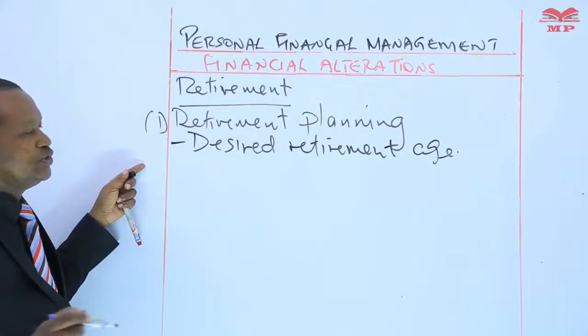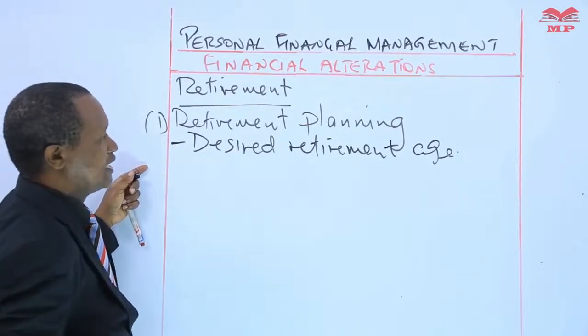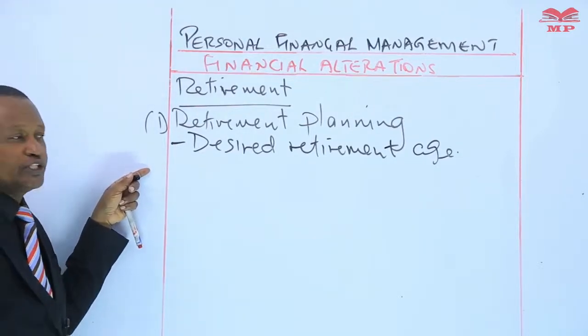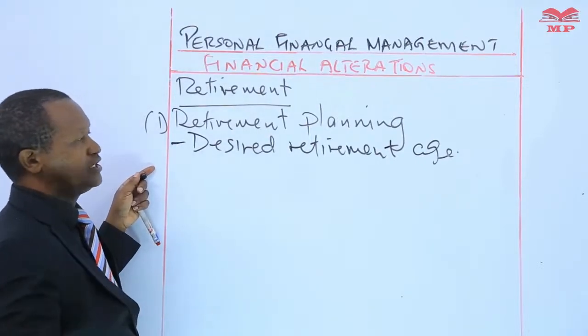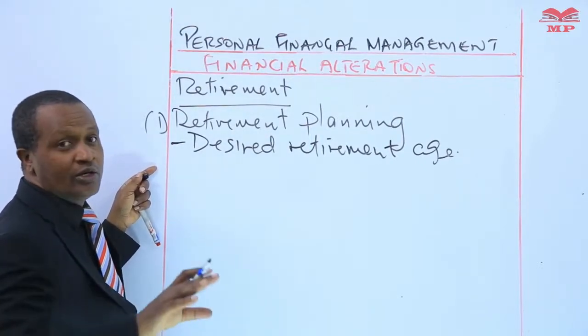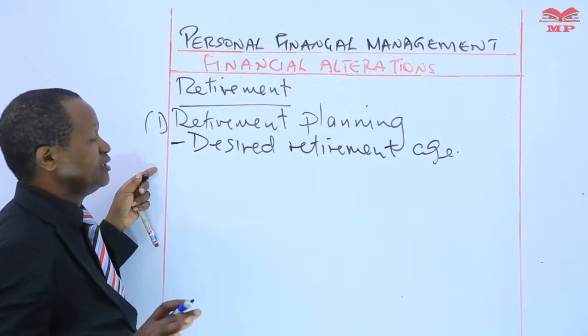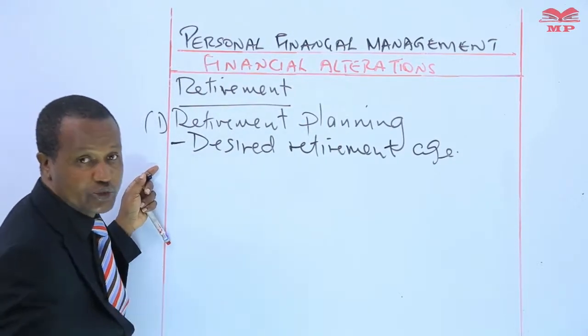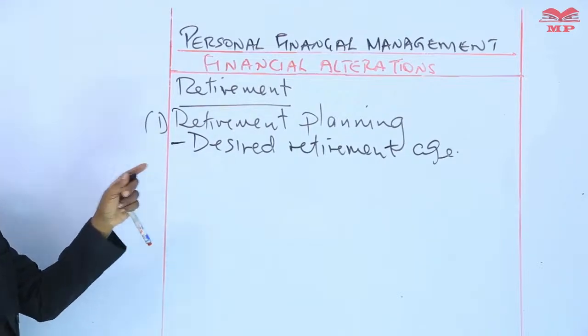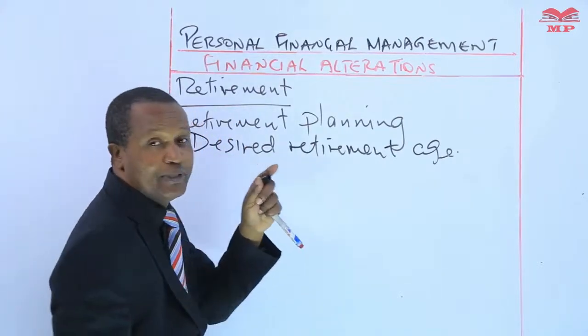At what age do you plan or desire to retire? Is it at 40? Is it at 50 years? Is it when you are 60 years? That has to be done when you are still young, when you are 20 years, 21 years. What is your desired retirement age?